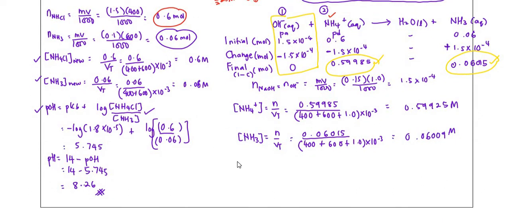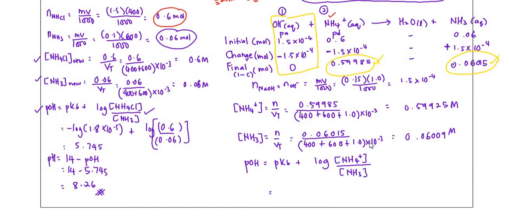Thus, nak cari pH ke pOH? You cari pOH dulu, because you added kepada buffer, basic buffer. Kalau basic buffer, that means kena guna pOH, pKb plus log NH4 plus over NH3.